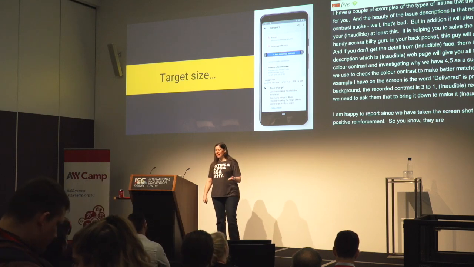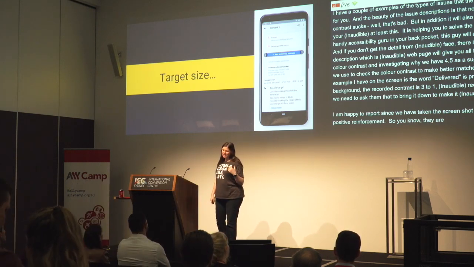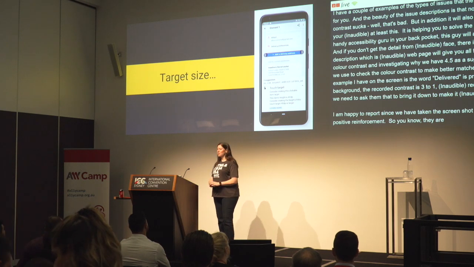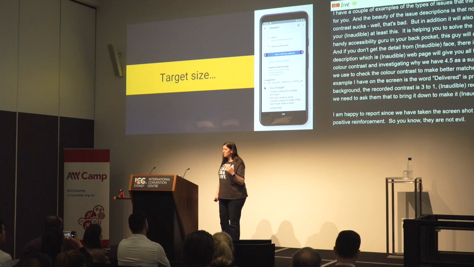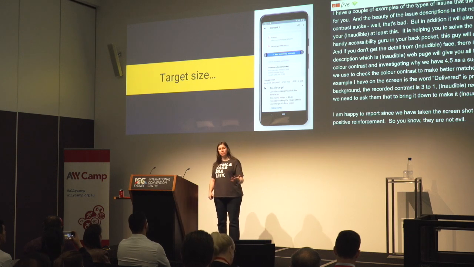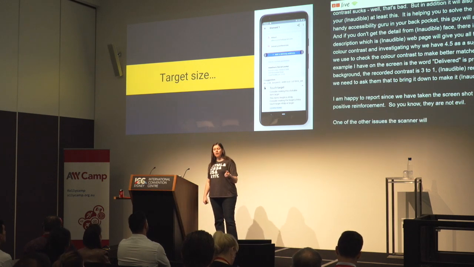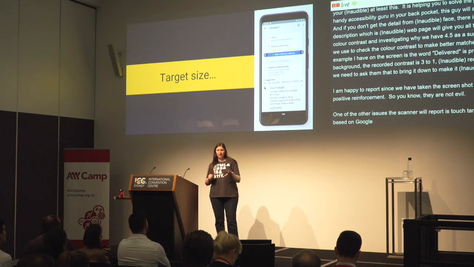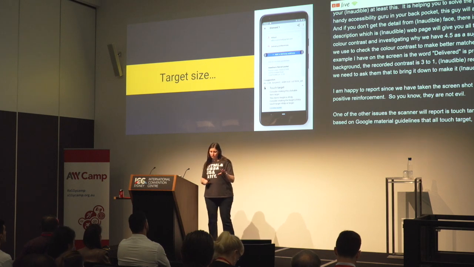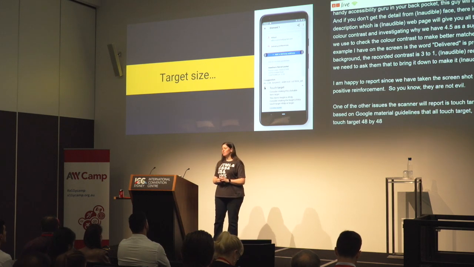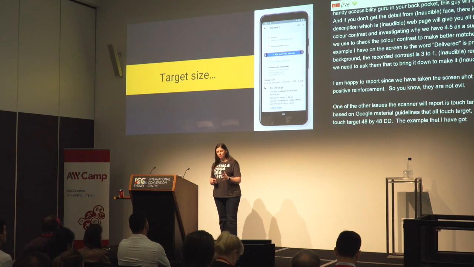One of the other issues that the accessibility scanner will report is touch target size. And their recommendation for touch target size is based on the Google Material Guidelines, that all touch targets, interactive elements, need to have a touch target of at least 48 by 48 dp. The example that I've got on the screen right now is the Add a Delivery Address button from the Australia Post app.